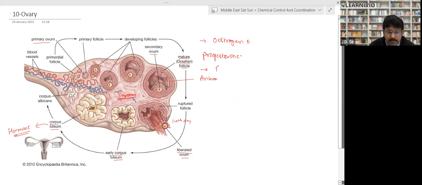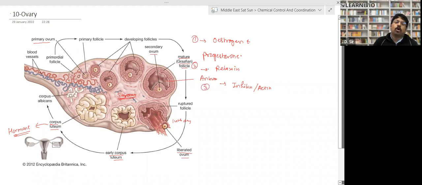Relaxin, another hormone. Next hormone, inhibin or activin. So there are actually three kinds of hormones. First is estrogen and progesterone. Second is relaxin, and third is inhibin or activin.